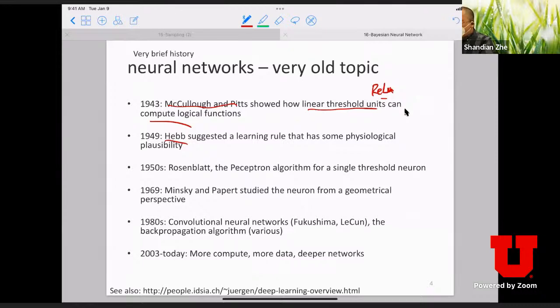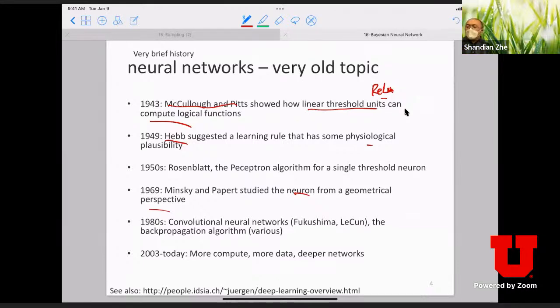Then in 1969, Minsky and Papert studied neurons from a geometric perspective, and they published a very famous book that sent interest in neural networks into winter. It was like a winter season for artificial intelligence, because they showed that the perceptron algorithm cannot classify XOR cases.